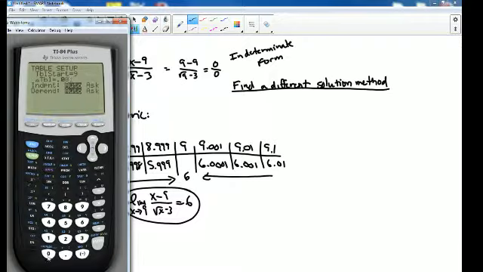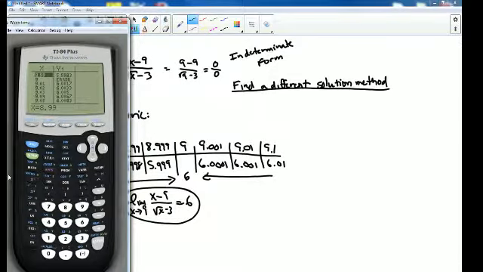Now the next one I would do is 0.01, and it will give me 9.01 and 8.99. This is a little less tedious than the last one. Right. Good? So, a couple different ways to manage those.